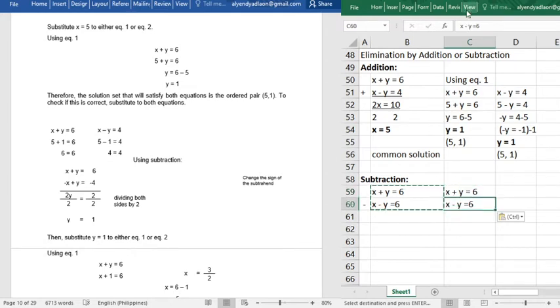So if we subtract, our x now would become negative and our y would become negative as well, because subtraction will change the sign of the equation. So our 6 will become negative. By this time, using subtraction, what is to be eliminated now is the x. So positive x and negative x, that is 0. While y plus y, that is 2y, equals 6 minus 6, that is 0.